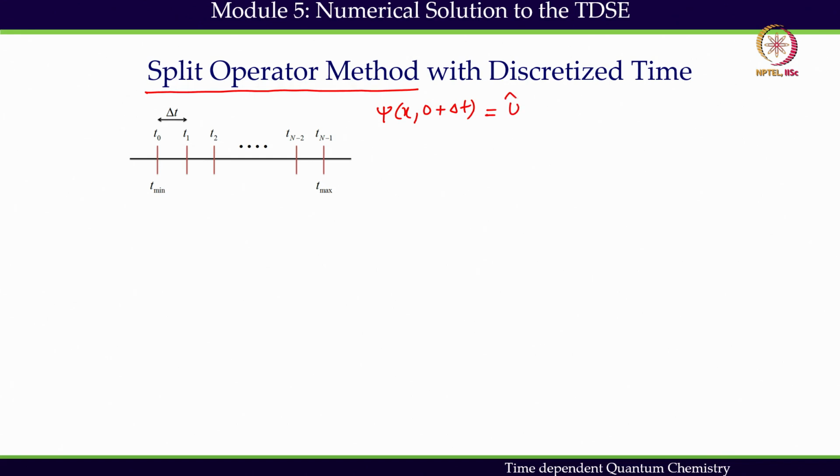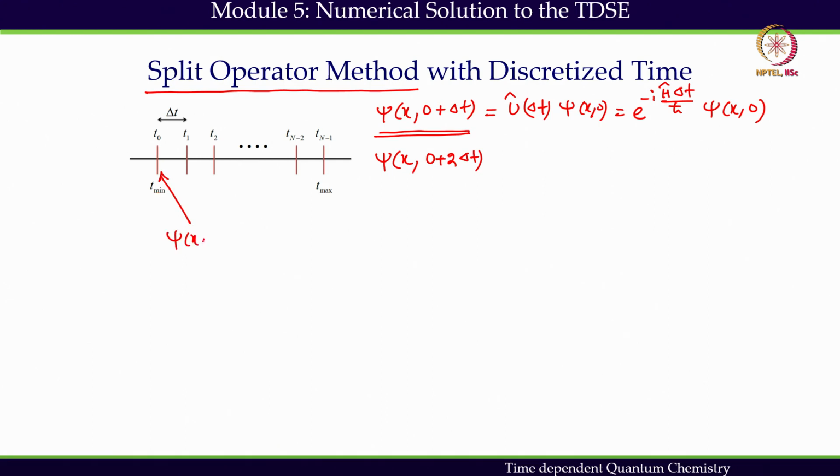That is going to be the unitary operator, the time evolution operator for delta t, acting on psi(x, 0), which is nothing but e to the power minus i H delta t by h cut, then psi(x, 0). And once I know this function, then I can find psi(x, 0 plus 2 delta t).